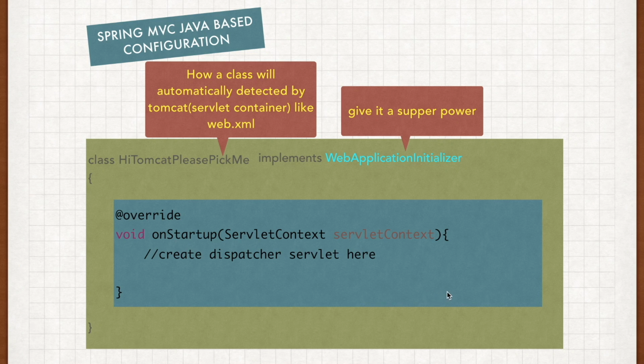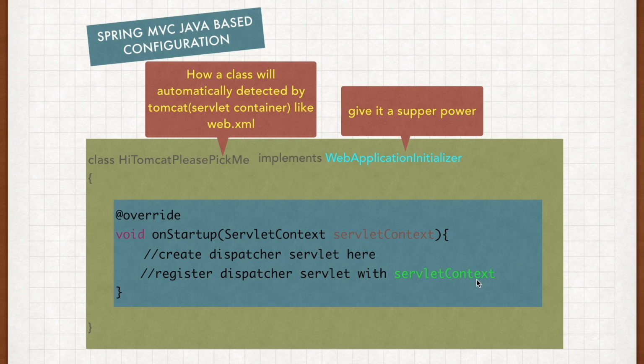And once the object is created, we need to register our dispatcher servlet with the servlet context object. So here is the big one. What is the servlet context? We'll get the servlet context argument right here. With this servlet context, we need to add the servlet that we have created. We'll create the dispatcher servlet and we'll add that dispatcher servlet with the servlet context.